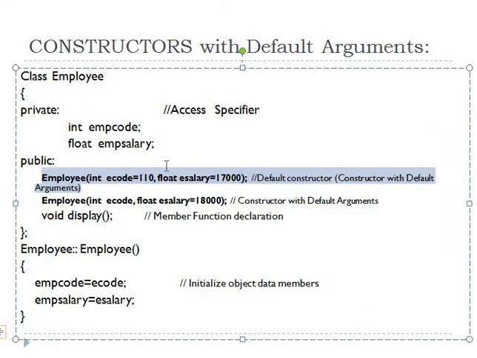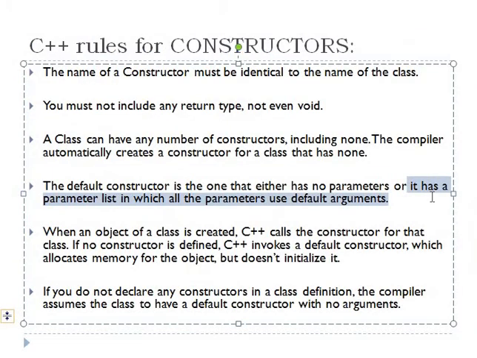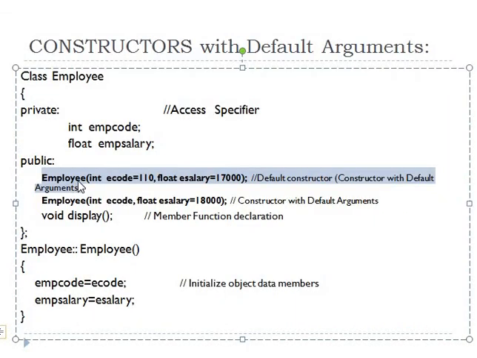Here the first criteria is not fulfilled because this constructor employee has parameters. But all its parameters are assigned default initial values such as 110 for eCode and 17,000 for eSalary. So the second criteria has been satisfied as all the parameters use default arguments. And that's why this constructor employee is also a default constructor in spite of having parameters.